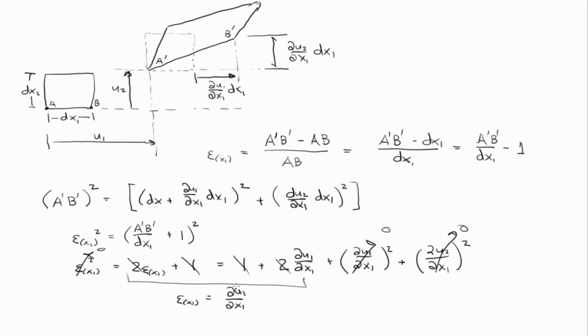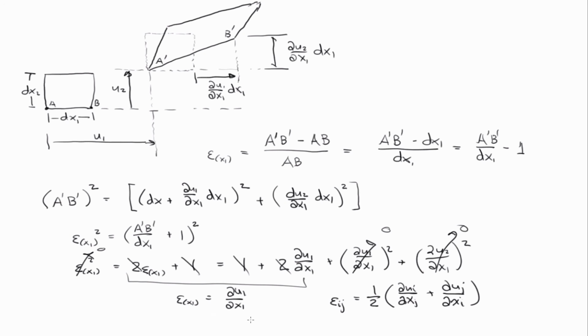And if I went on and made these same geometric arguments for all the other strain components, the shear strains and everything, then what you'd see eventually is that the small strain is equal to 1/2 times partial ui partial xj plus partial uj partial xi. So if you work through all the other details, you'd get that.